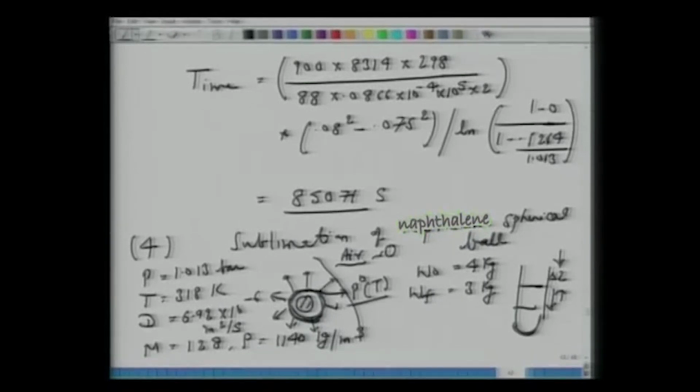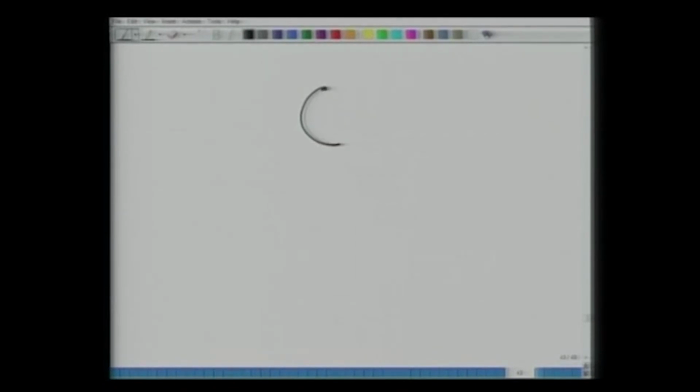Okay, so let's get back to this problem and redraw this schematic. So at any instance, the radius is R, weight is W, and naphthalene vapor diffuses into atmosphere.